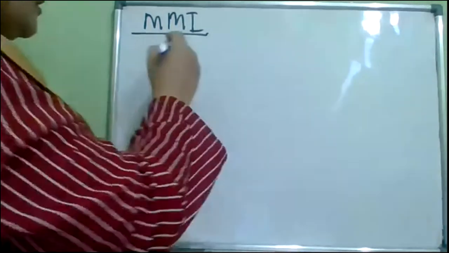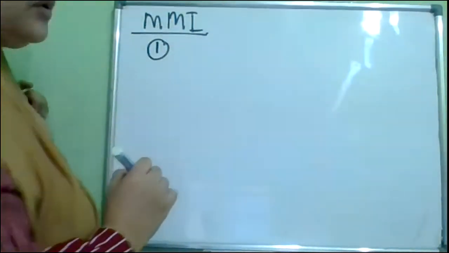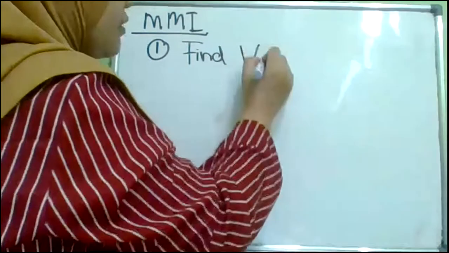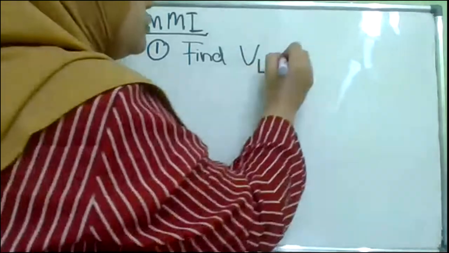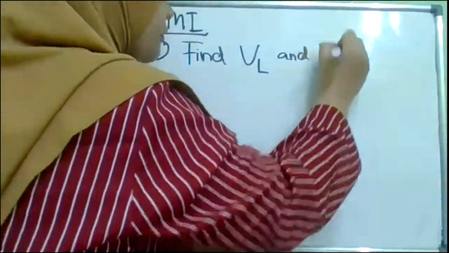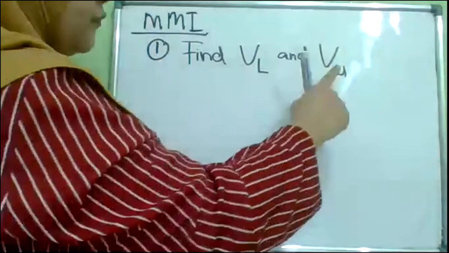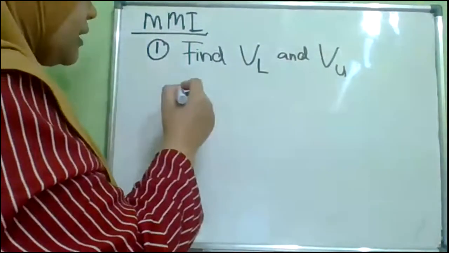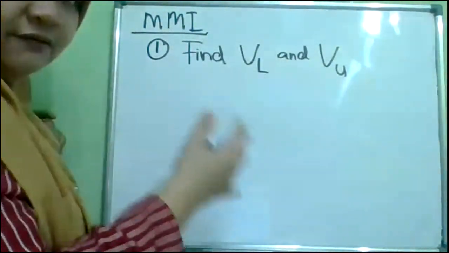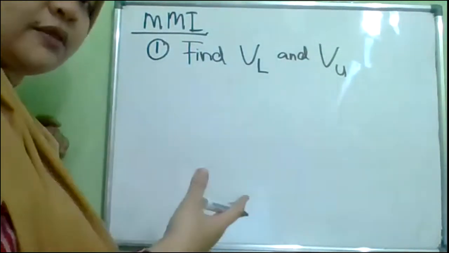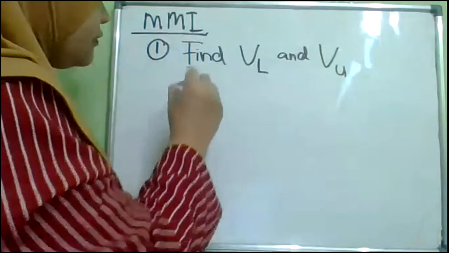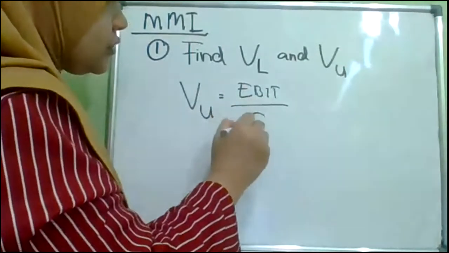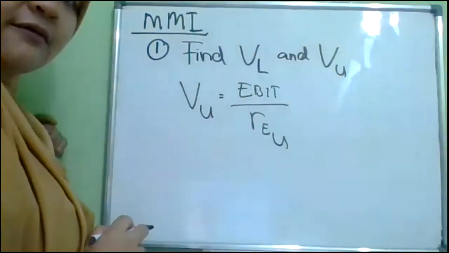The first step that you have to do is find the value of the levered firm and also the unlevered firm, both values. How to find the value of both kinds of firm? First, you need to find the value of the unlevered firm because you know the formula. Value of unlevered firm equal to earning before interest and tax divided by cost of equity of unlevered firm.